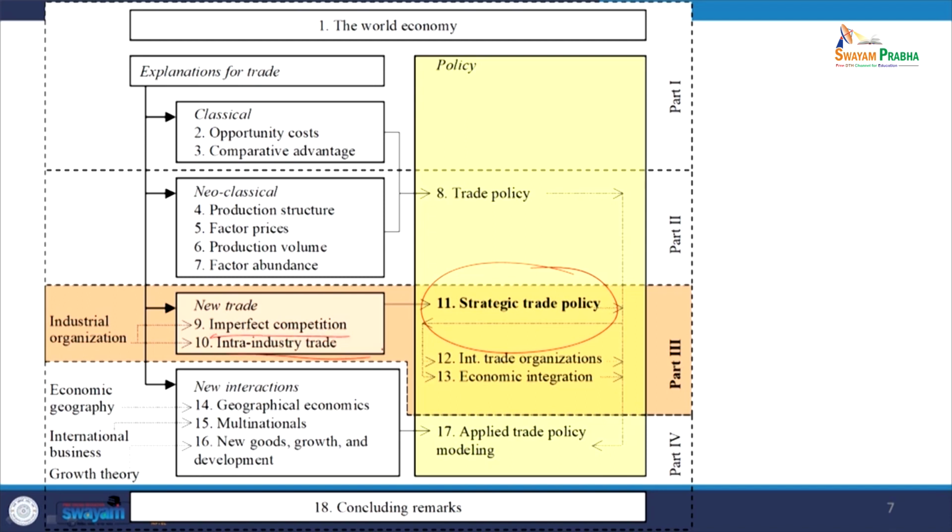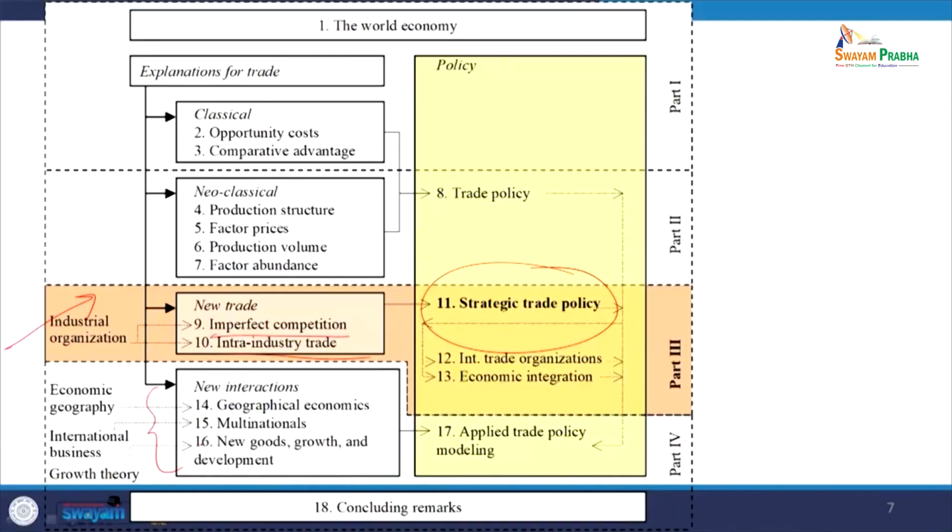So, IO, industrial organization, is one part where the units of production or the firms can develop strategies, develop games to obtain the highest benefits. They will retaliate to maximize their best benefit out of it. Similarly, other strategies are through multilateralism or regionalism. So, policies are conceptualized accordingly.